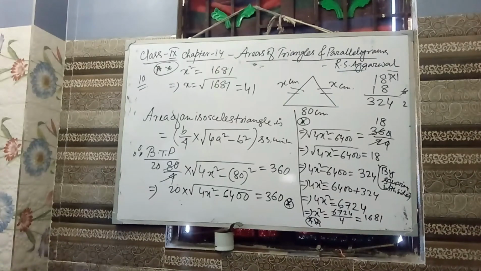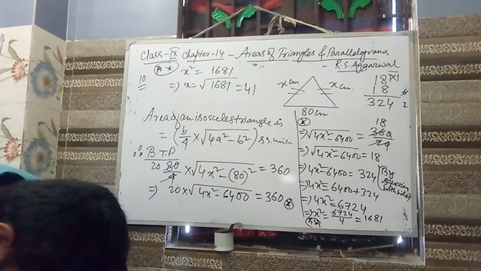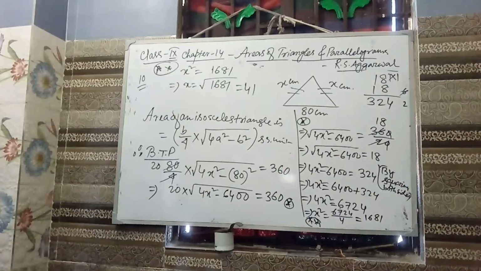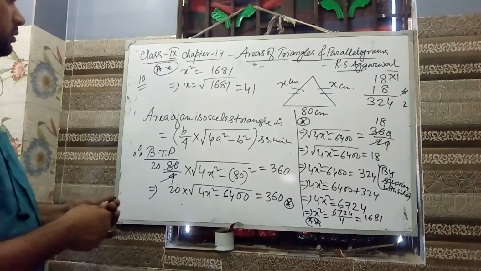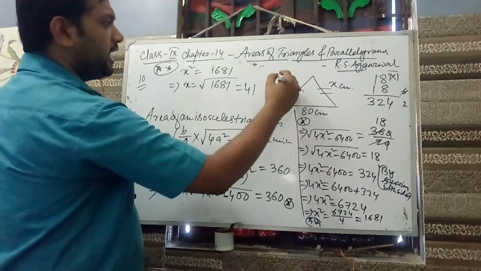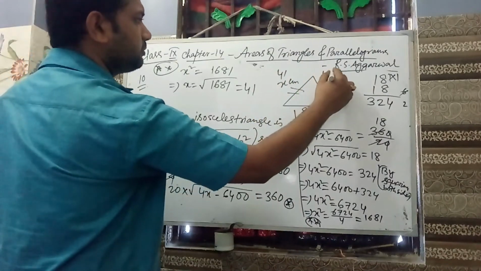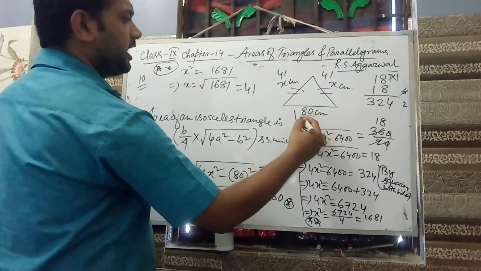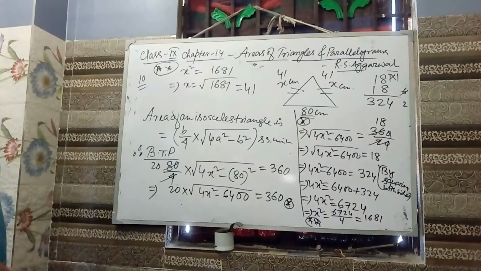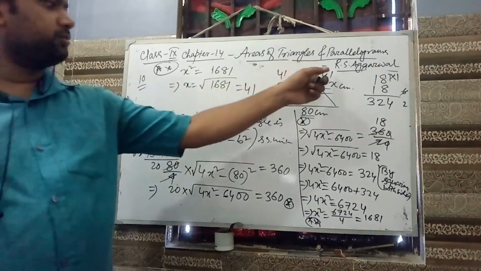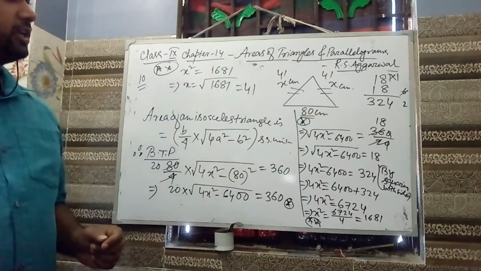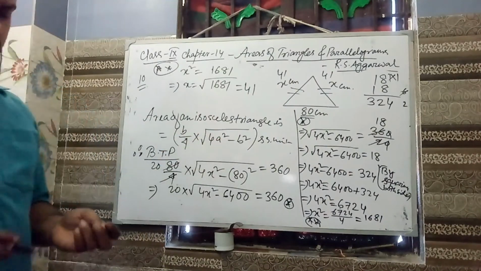So what will be the answer line? Therefore, we have to find out the perimeter of the triangle. So look, this side is 41, this side is 41, and this is 80. So it will be 41 plus 41 plus 80, that is 162.